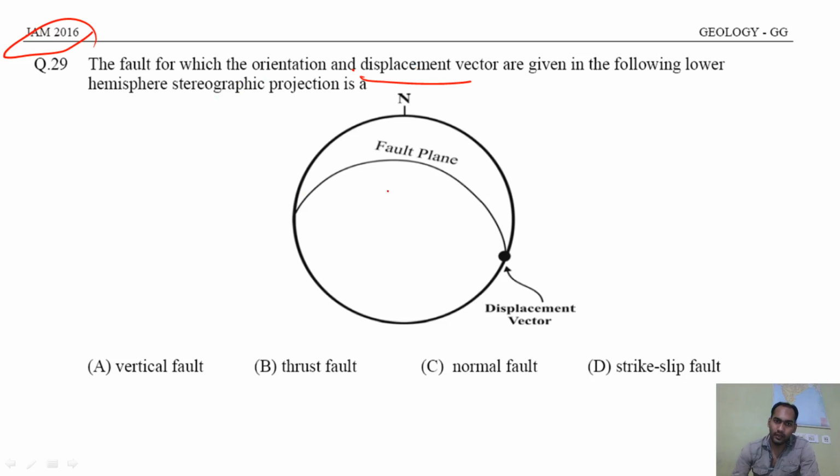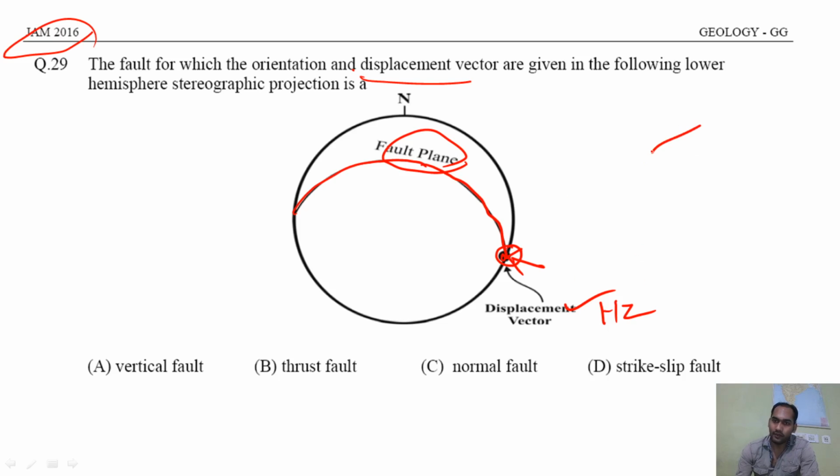Here is the fault plane, and here is the displacement vector. The displacement vector is horizontal. It is marked on the outer circle, which means it is horizontal. That means the vector due to which there is displacement in the plane.